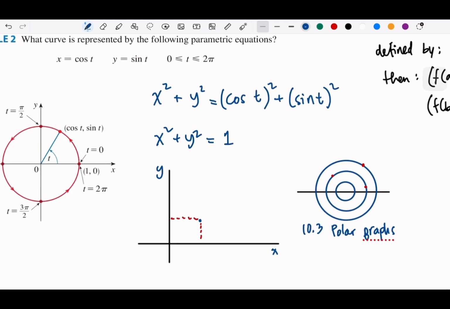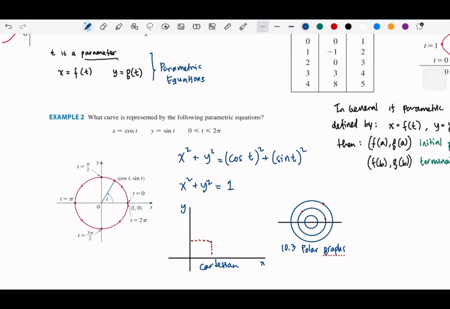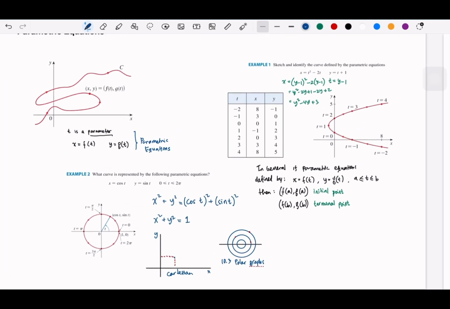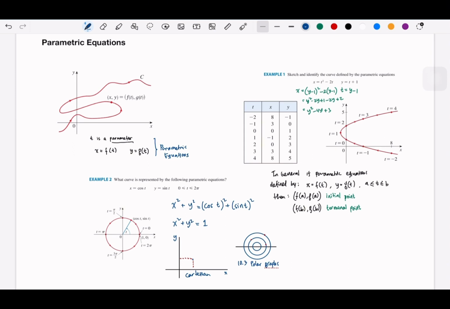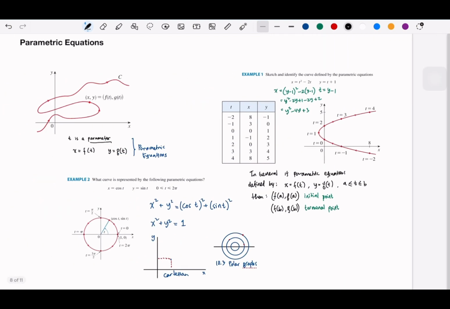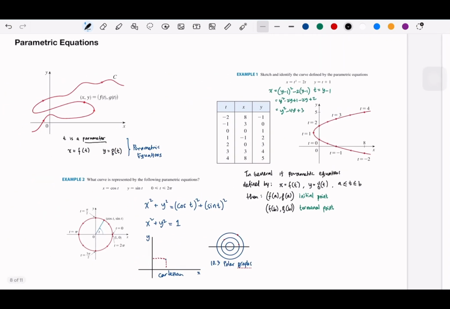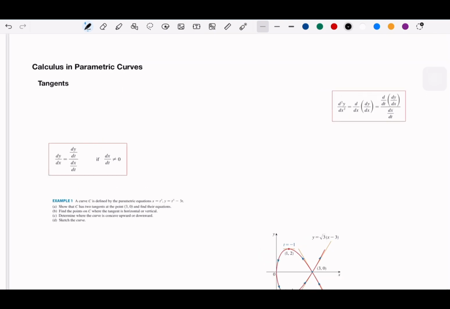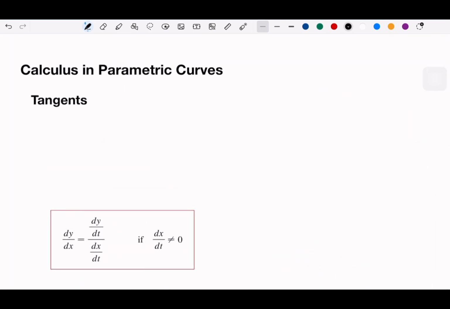So this is the Cartesian. Okay, I will change the page. So we start with what we call the tangent, and I think it's quite straightforward.